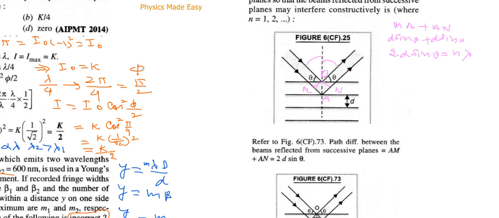Now if theta is very small, then I can take it small, or even if you don't take theta to be small, let it be n lambda. From here sine theta is n lambda by twice of d, and theta is sine inverse of n lambda by 2d. Now if theta is very small, then you can remove this sine inverse.